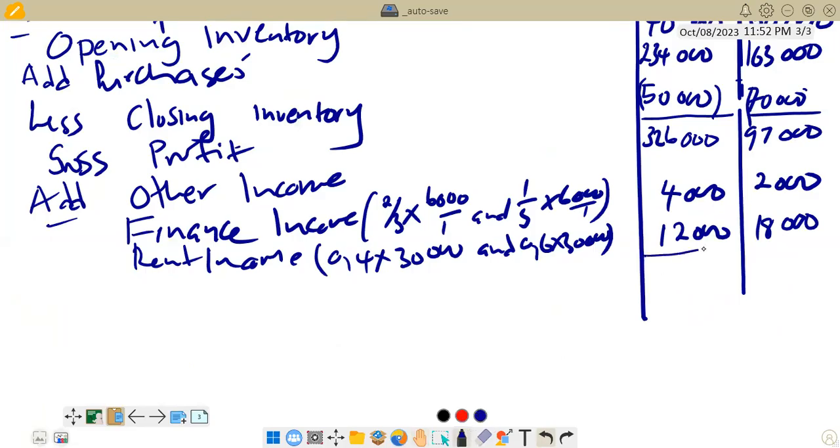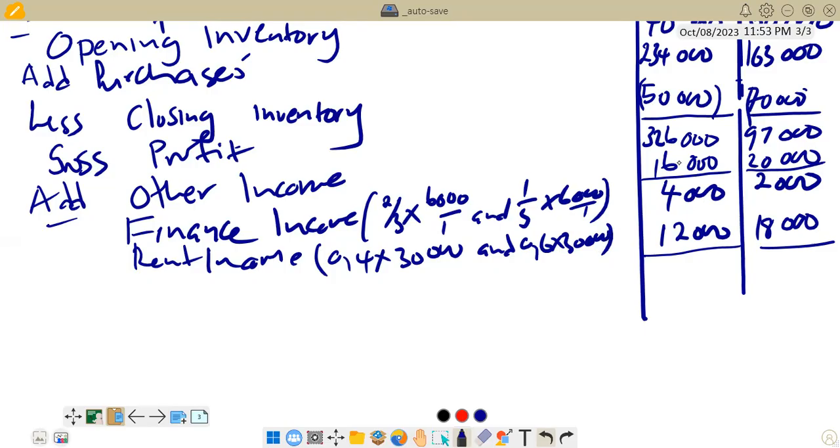So here we are just going to do this. If we add 4 plus 12, what are we supposed to get there? Here 4 plus 2, we get 6, so it means 16,000. Then you say 2 plus 18, you get 20,000.